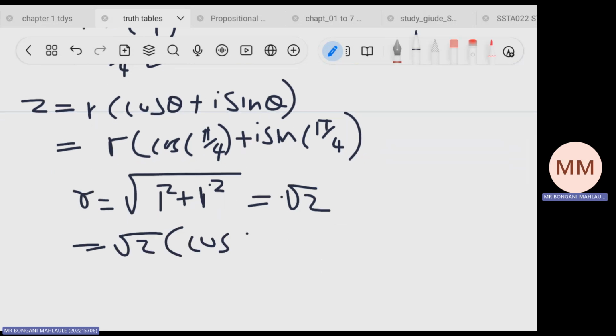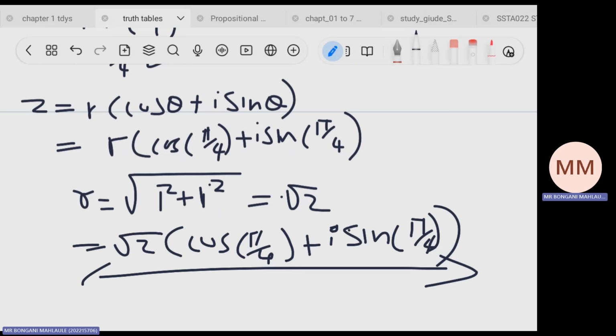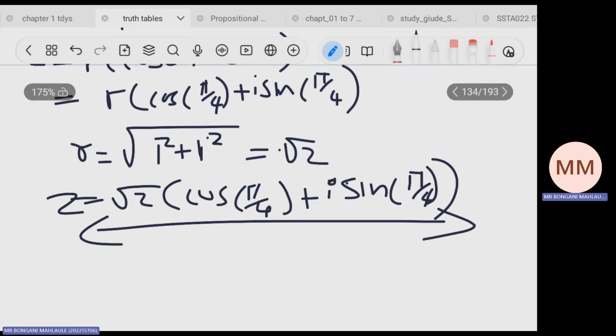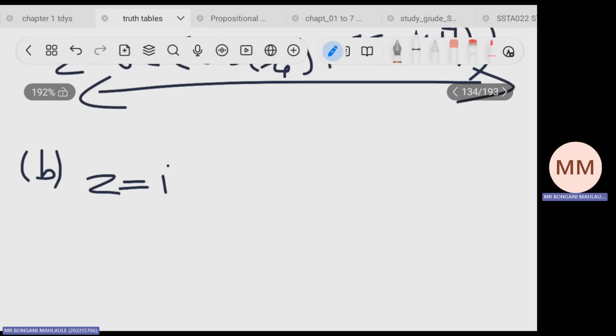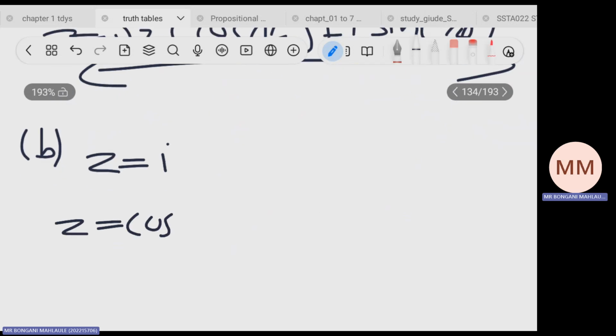So this is root 2 cosine pi over 4 plus i sine pi over 4. You can further simplify this if you want, but we're going to leave it in this format. So this is our z. You can try doing the one whereby you have z equal to i, and then you'll find that your answer is equal to this.